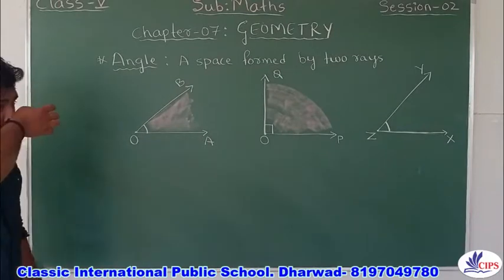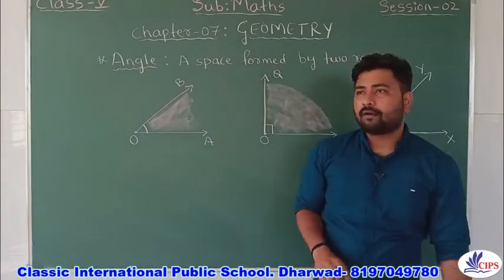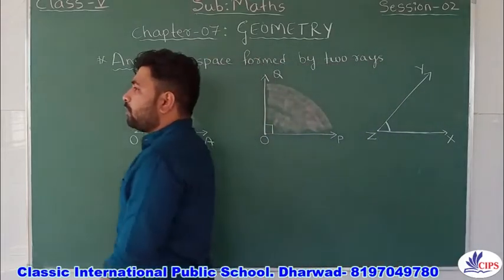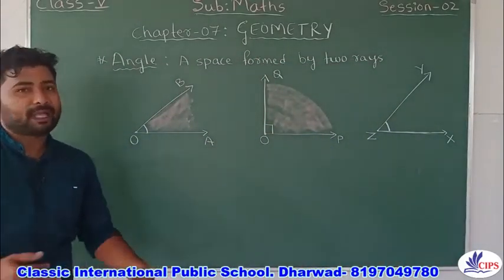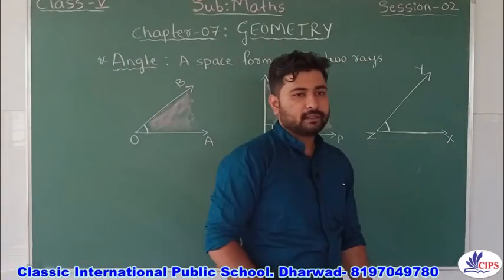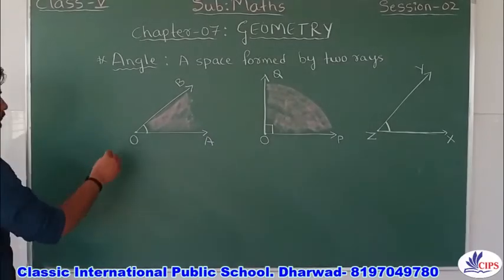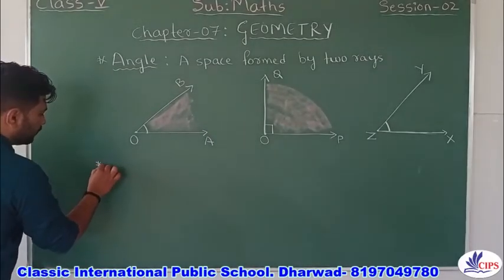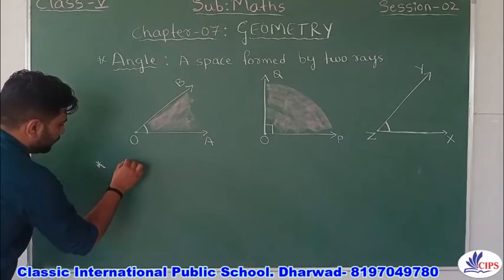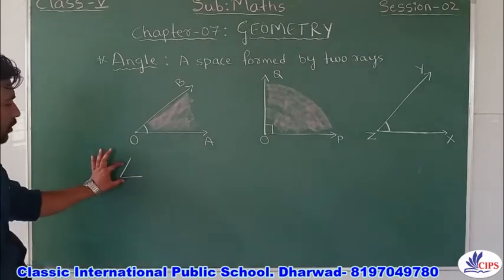Okay, everything is fine. Now we have the definition, or the meaning, of angle. Then how do we name it? What is the indication for an angle? The symbol. Always remember this symbol.